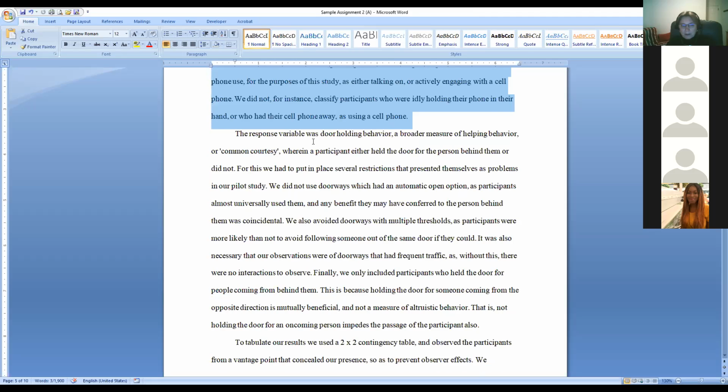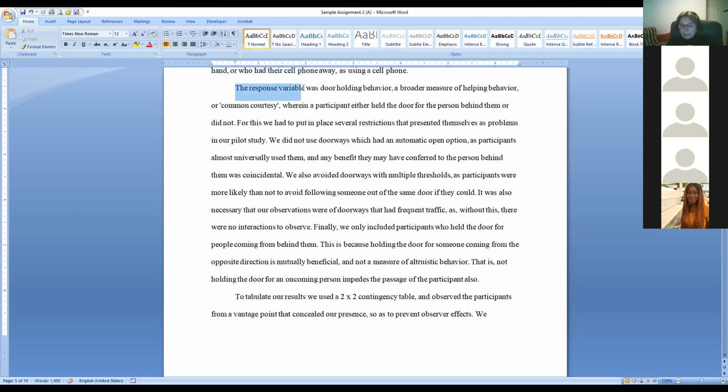So here's a whole paragraph on the predictor variable. The next one is the response variable, right? What was it? So now they say it was door holding behavior. So do you guys have the response variable in your text right now? And now they're giving us some thinking of how they did that.